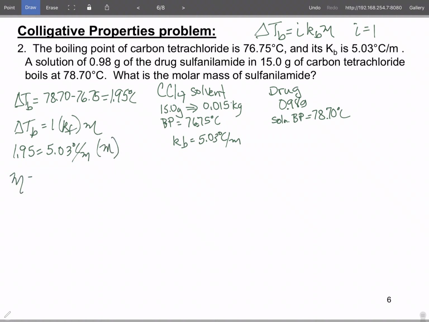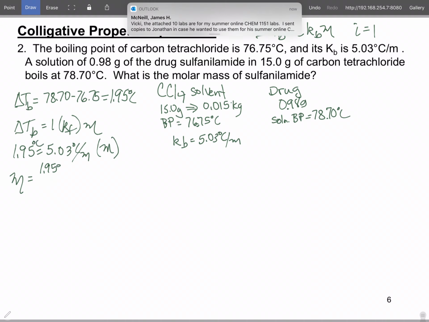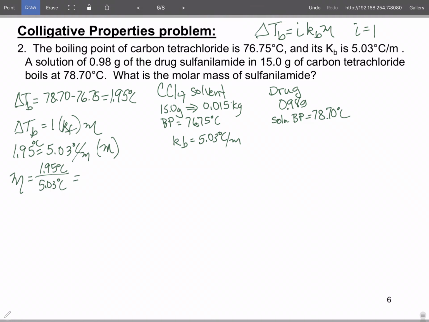Our molality then is going to be equal to 1.95 degrees C divided by 5.03 degrees C per molal, which is equal to 0.38767. Now remember that's molality, which is moles per 1 kilogram of solvent. We know that we are given 0.015 kilograms of solvent.